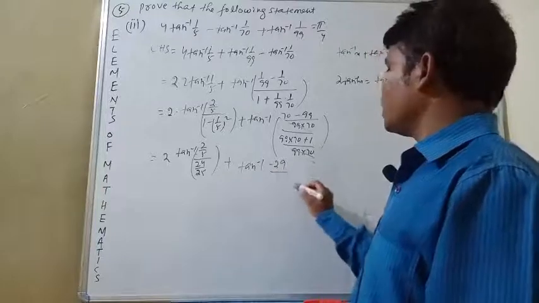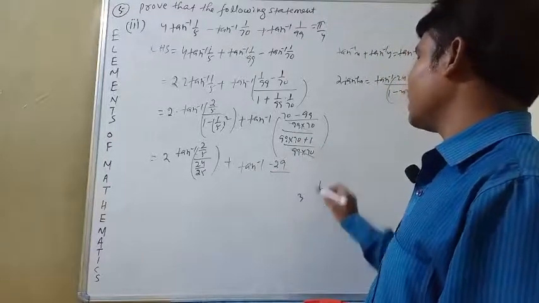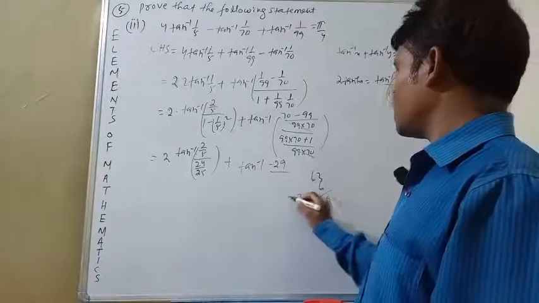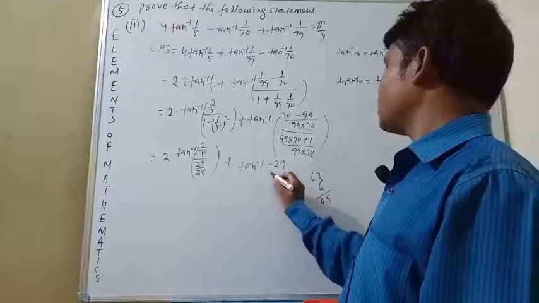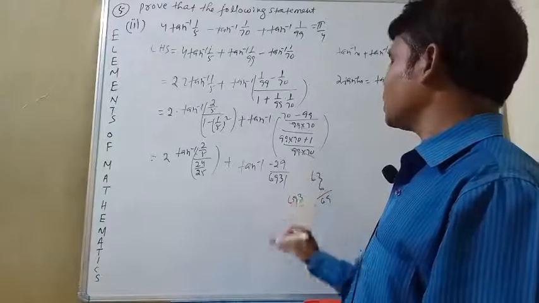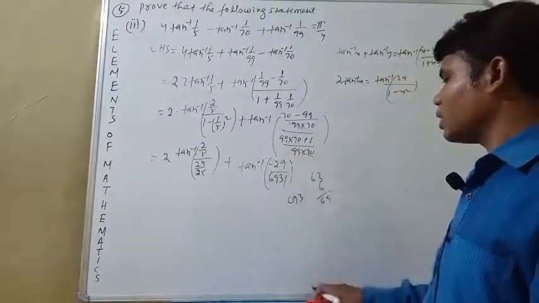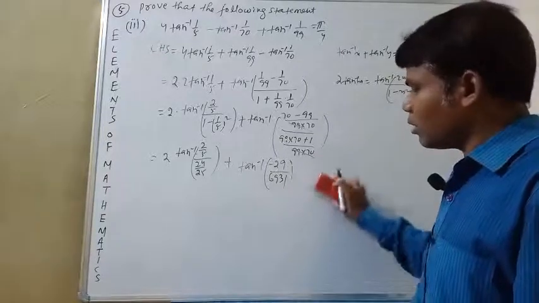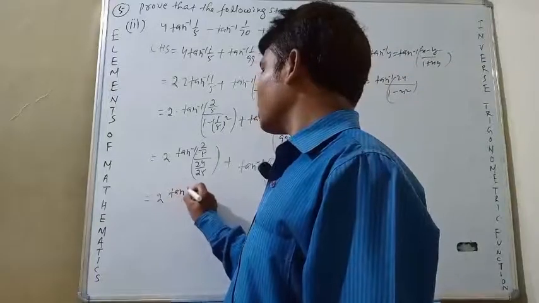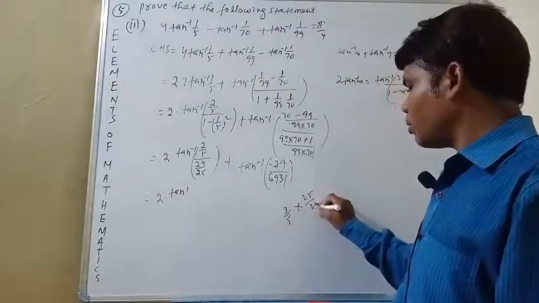Then 7 nines are 63, 9 sixes and so on, 6930 plus 1, that is 6931. Directly I have written this is 6930 plus 1, 6931. Okay, is equal to 2 tan inverse of 2 by 5 into 25 by 24.